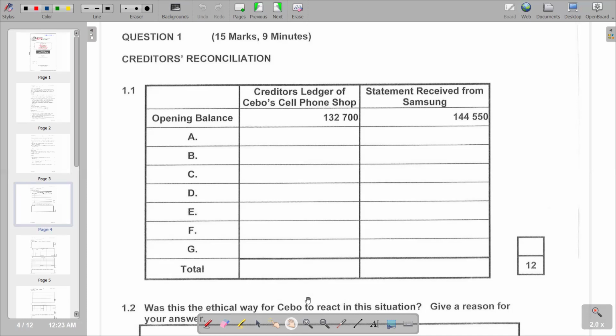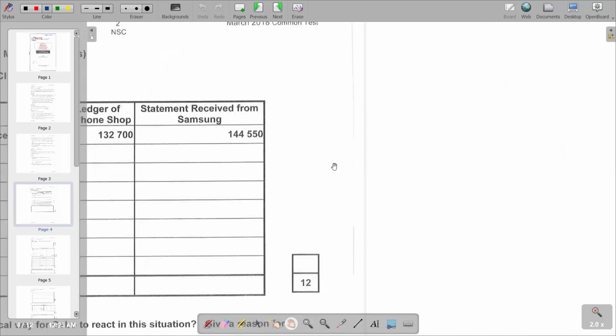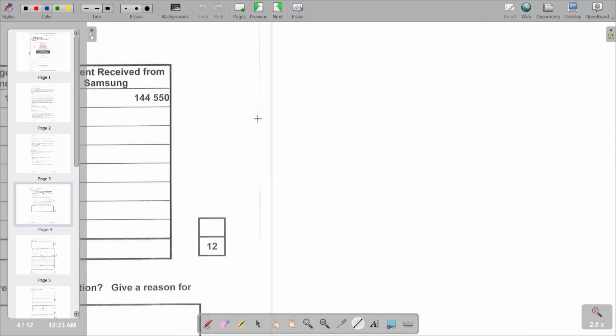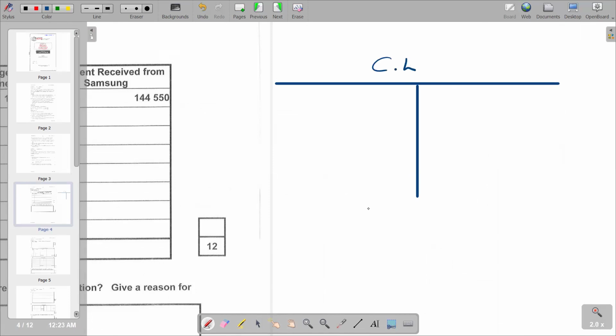Very important to take note: remember we have the creditors ledger. This is the creditors ledger, and we know that this is our debit side and this is our credit side.